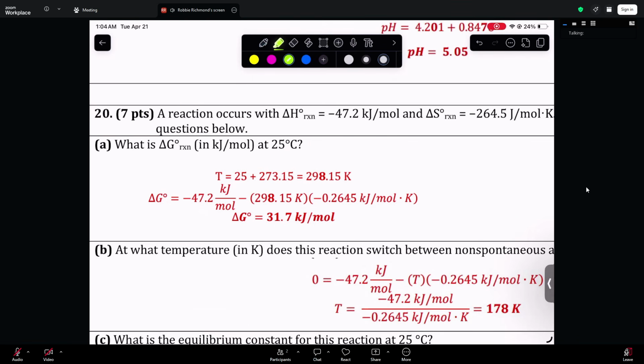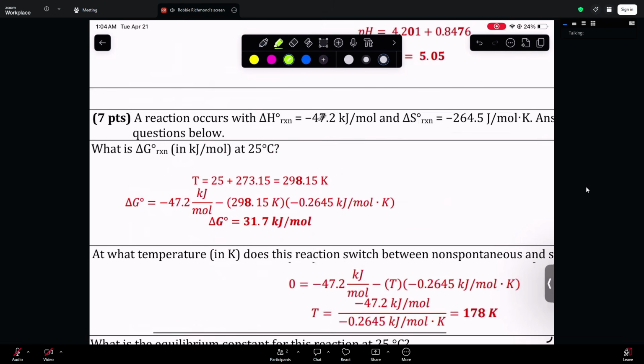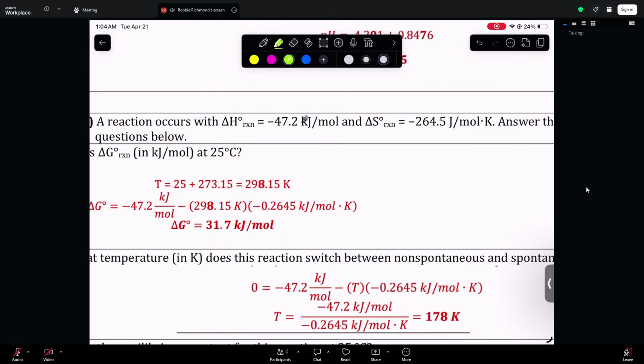It doesn't matter which number you convert initially, but you have to make sure that the kilojoules and the joules have the same prefix, because in unit conversion you cannot subtract joules from kilojoules.